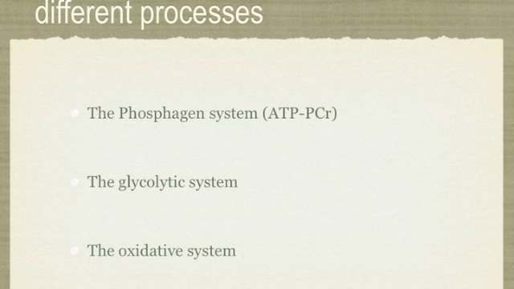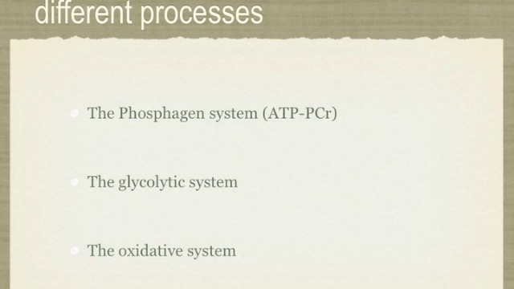And we have the phosphagen system, which uses ATP stored in the muscles and creatine phosphate, which are limited supplies in the muscle. And then we have the glycolytic or glycolysis, and that's the breakdown of glucose. And then the oxidative system, which is using fats, proteins, or carbohydrates to produce ATP in the presence of oxygen.